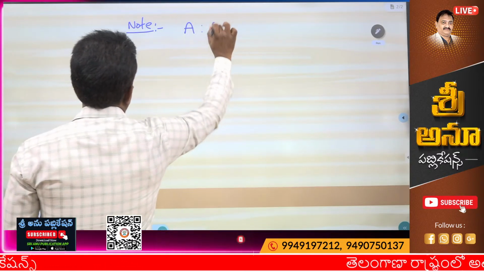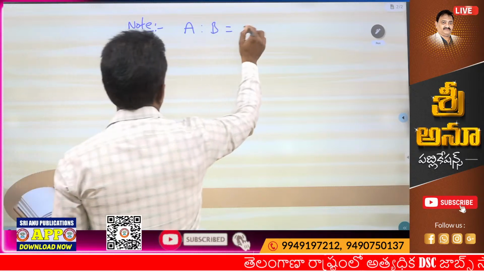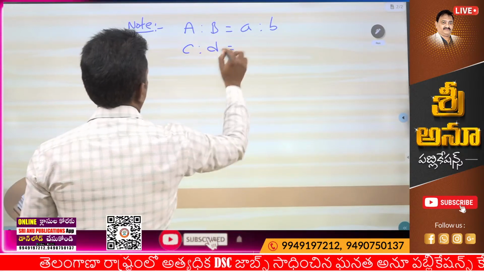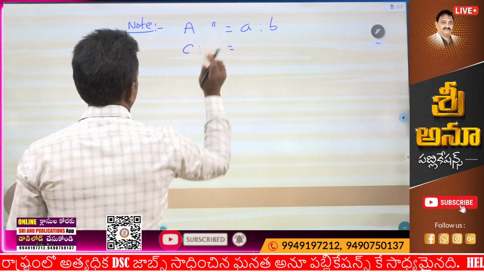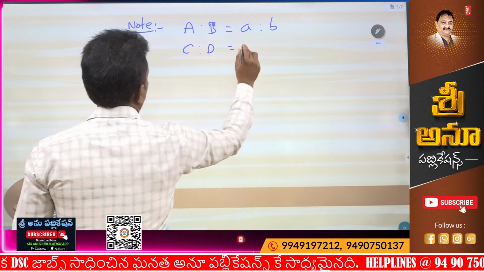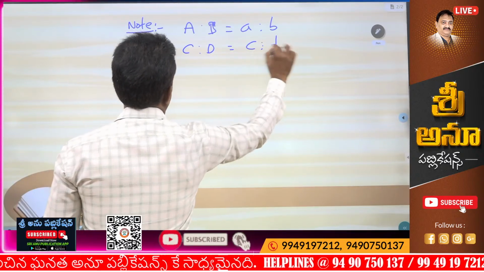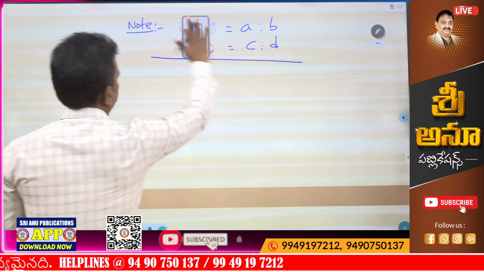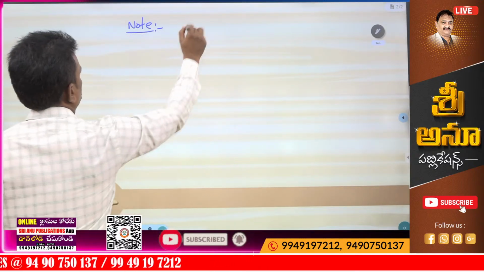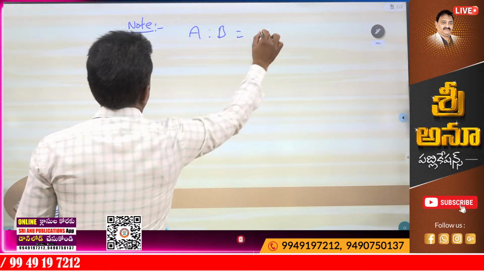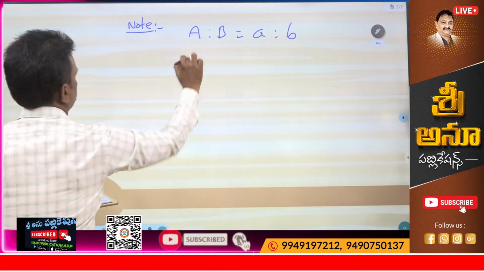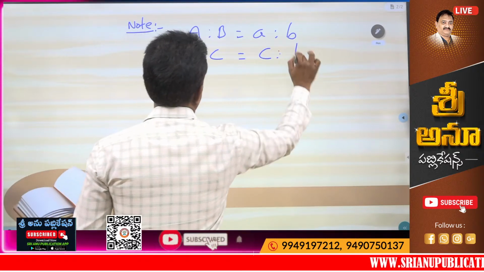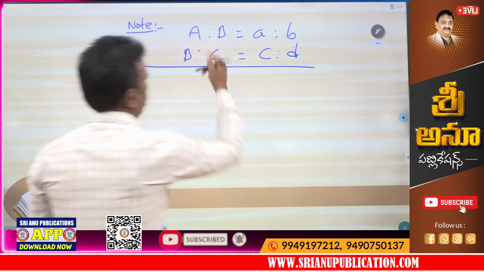A is to B is equal to AB, and C is to D is equal to CD, just different variables. For a continuous ratio, A is to B is equal to AB, and B is to C is equal to CD, different variables. Okay, so where B is a common variable.